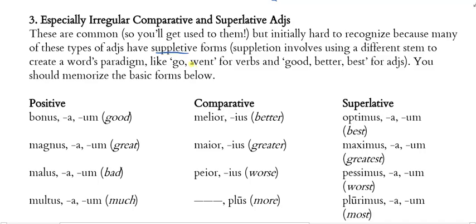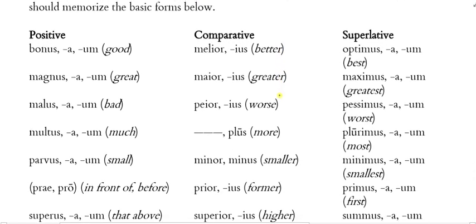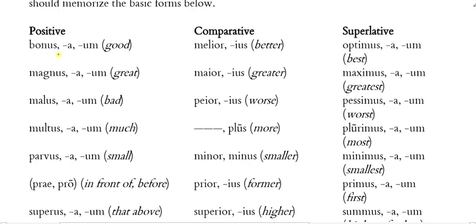All right. So what you need to do is to memorize the basic forms below. And when I say the basic forms, I basically mean the masculine singular form and the nominative. If you've got those, then you can identify the feminine and the neuter. And if you know your morphology for comparatives, when you see ior, then you'll know that the neuter is ius, right?